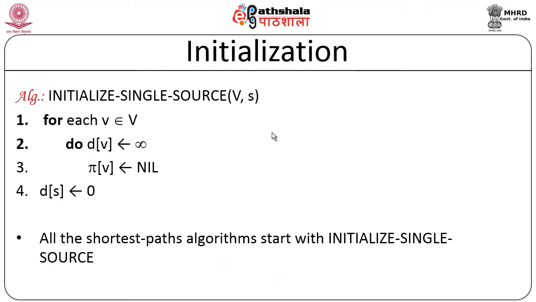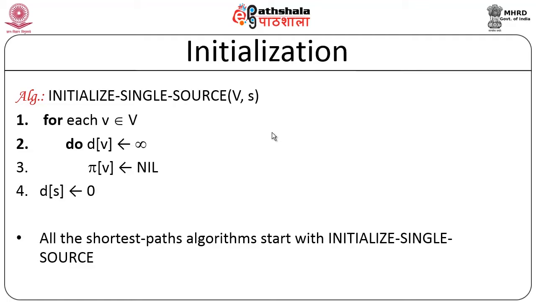So, for any of the shortest path algorithms, you have first an initialization. The initialization for the single source, I will come to what single source means later, is this: for each v belonging to the set of vertices V, we initialize d of v, remember this is the path estimate, to infinity, and we set pi of v, remember this is the predecessor, to nil.